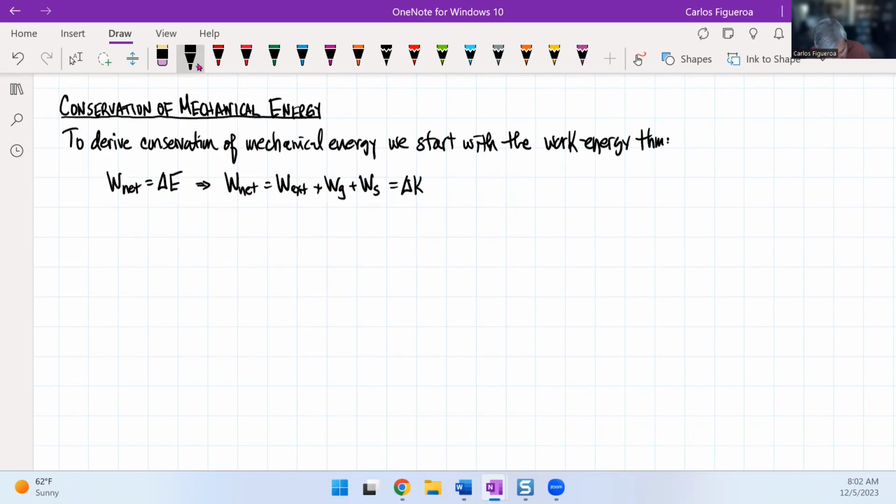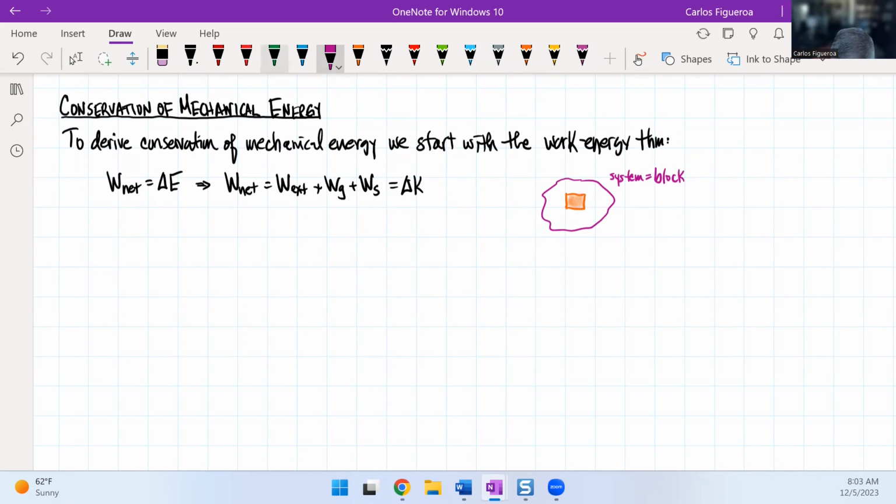So let's draw a picture of this to make sure that we're clear. I imagine that I have some block, and I'm going to say that this block is my system. So then, what are the forces involved?